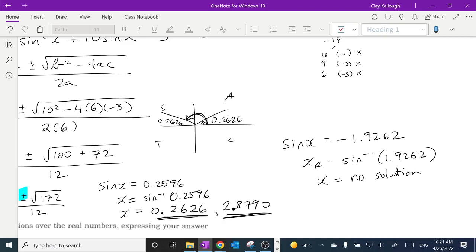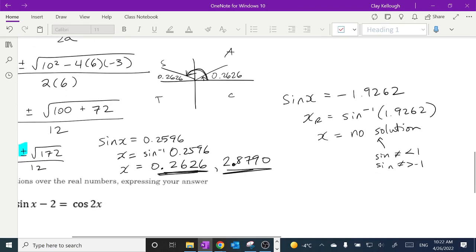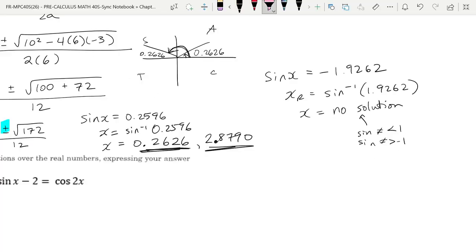And the reason why there's no solution is, of course, that sine cannot be greater than 1, and sine cannot be less than -1. That's terrible symbols there, but you get the idea. And so from that, I know that there is, in fact, exactly 2 answers. Let me circle them or highlight them, and there they are. That's it. That's how you do that one.